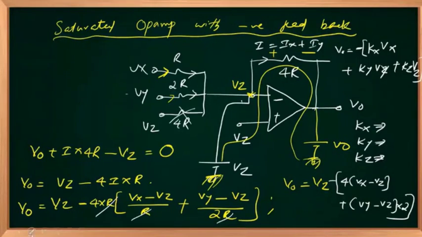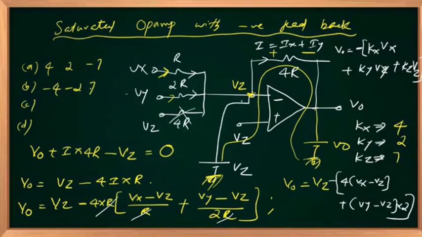So I will have a 7 here. Ky, I will have 2. Kx, I will have 4. So 4 options will be there for Kx, Ky, Kz, like this: 4, 2, minus 7; minus 4, minus 2, 7. 4 different options will be there.